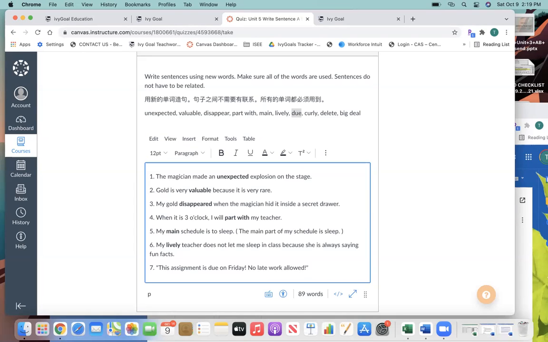The hard teacher or the harsh teacher? Was it hard or harsh? Which word did you use? Harsh. Harsh. Very good word.